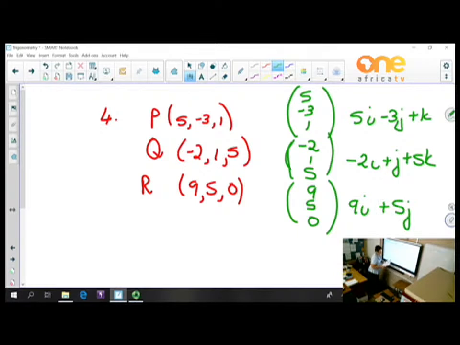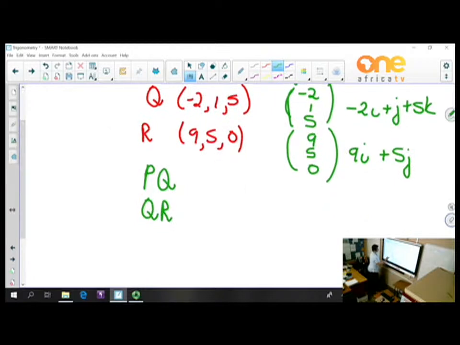I don't need to write that down. And we want to find the angles of the triangle here. So we're going to use the same method now to find the angles. So you need to find the column vector PQ, and we'll have to find QR, and we'll have to find PR.